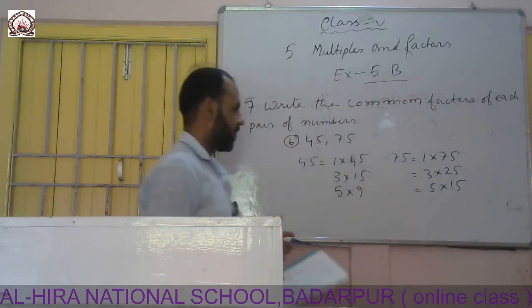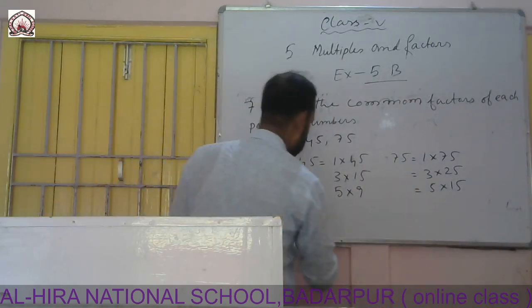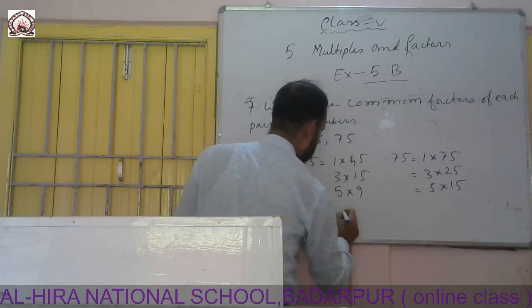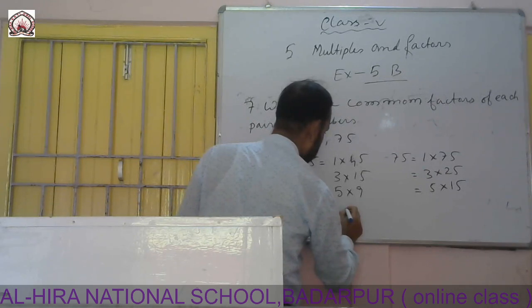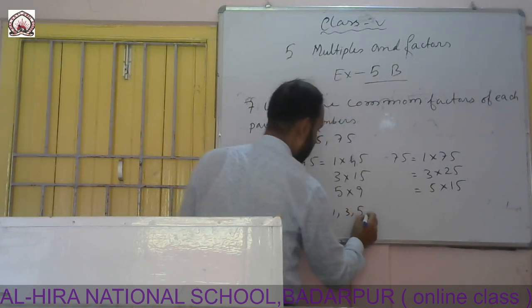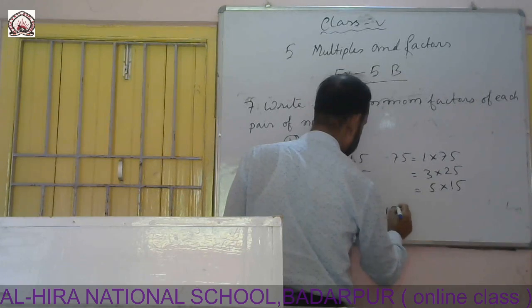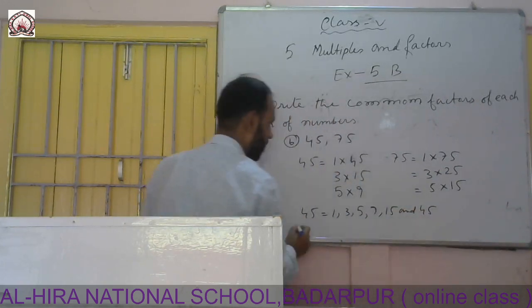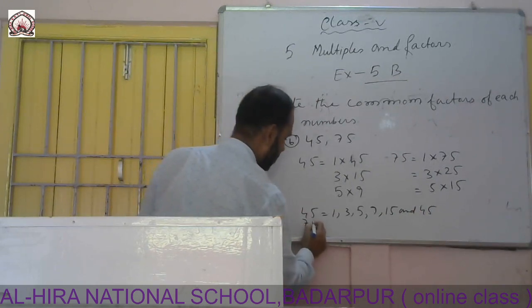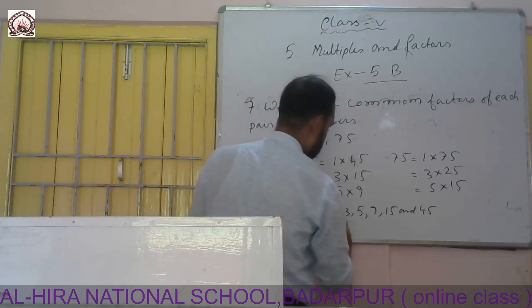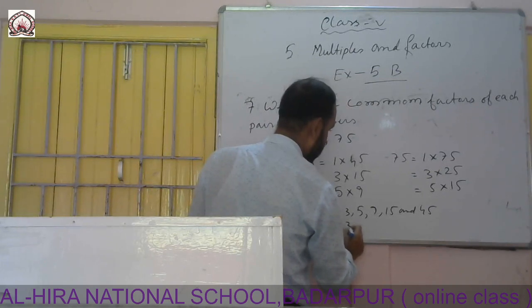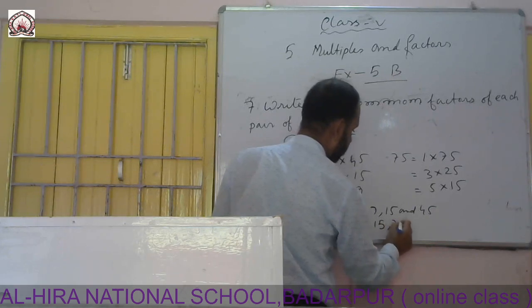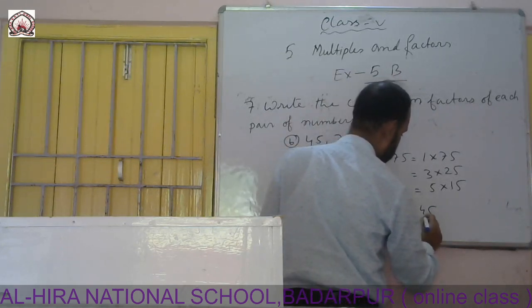Okay, after this, 45 equals 1, 3, 5, 9, 15 and 45, and 75 equals 1, 3, 5, 15, 25 and 75.